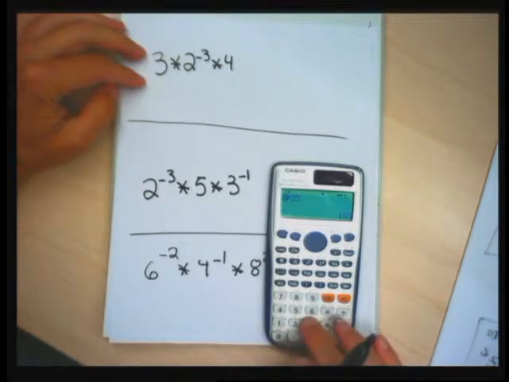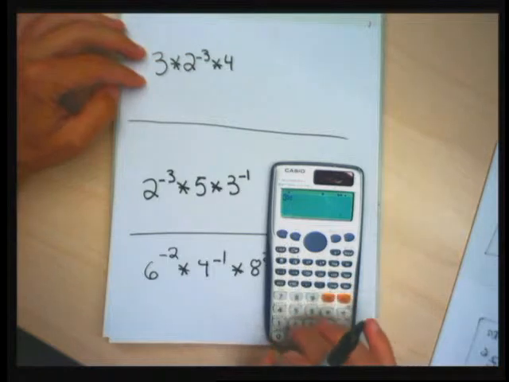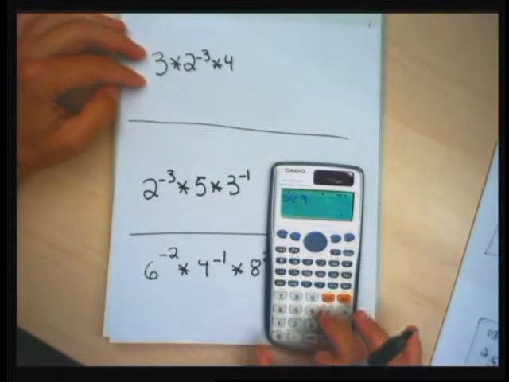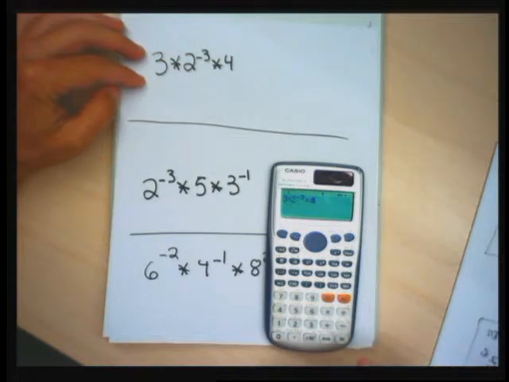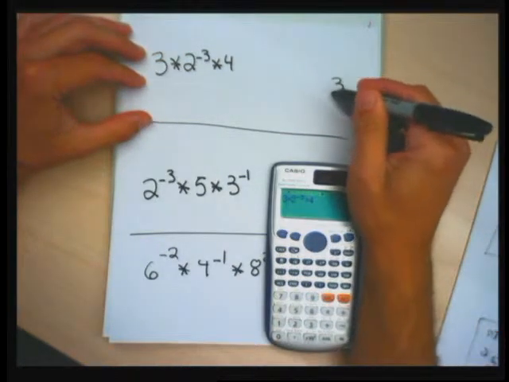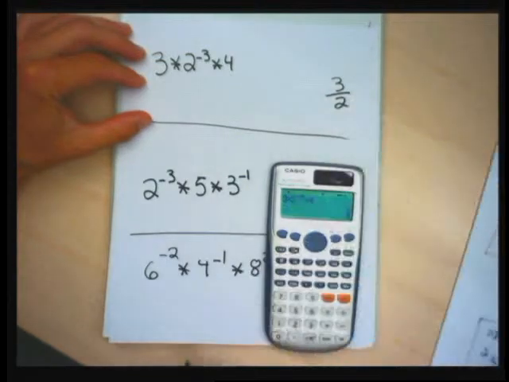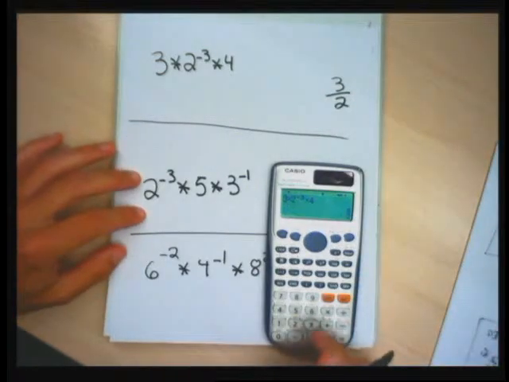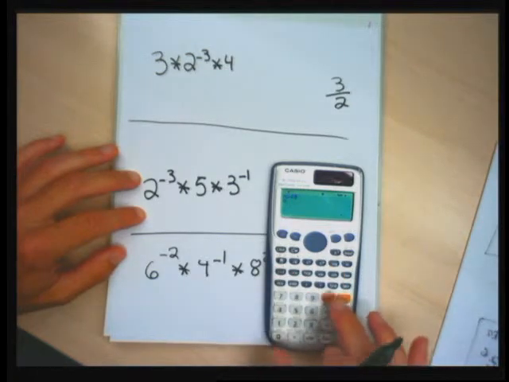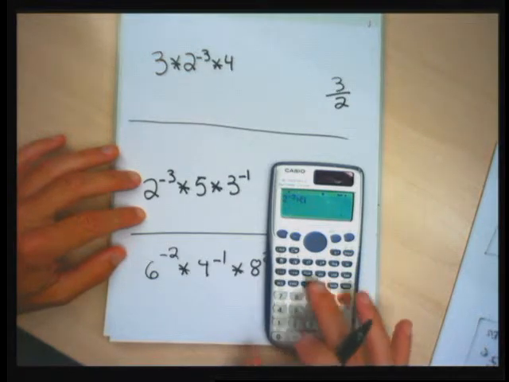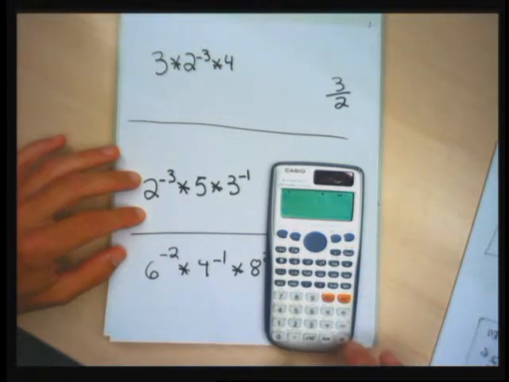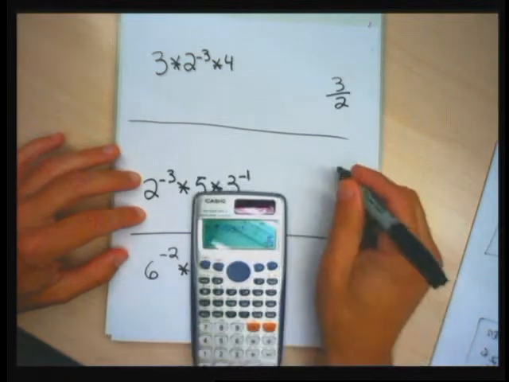So top one, 3 times 2 up arrow negative 3 times 4. These aren't in the handout. These are just supposed to motivate the next few problems. So this reduces to 3/2. The middle one is 2 to the negative 3 times 5 times 3 to the negative 1. It reduces to 5/24.